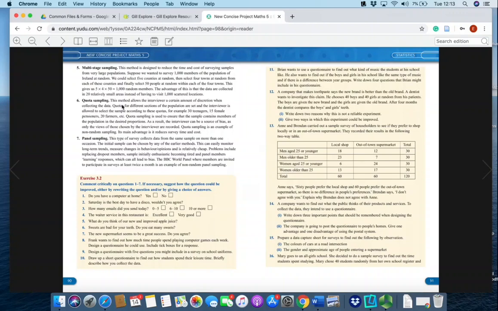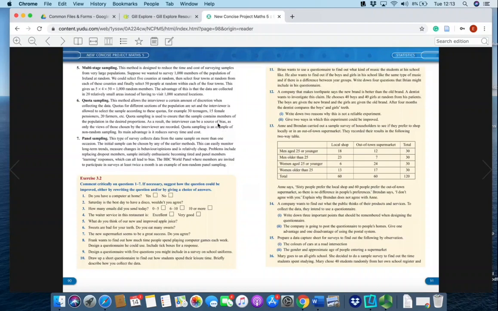Quota sampling allows the interviewer a certain amount of discretion when collecting the data. Quotas for different sections of the population are set, and the interviewer is allowed to select the sample according to the quotas. So for example, ask 30 teenagers what's their favourite mineral, ask 20 farmers what's their favourite brand of fertiliser, so on and so forth. As a result, the interviewer can be a source of bias.